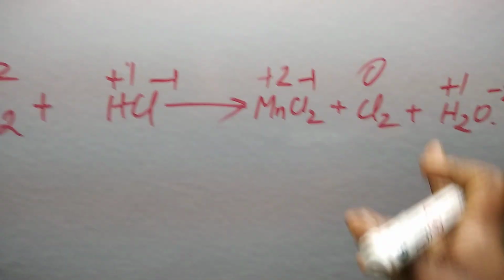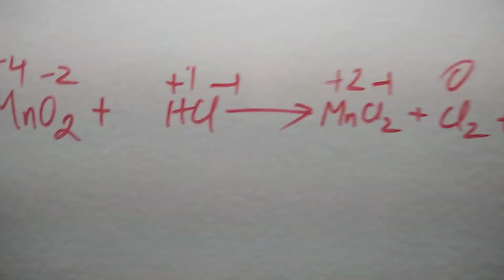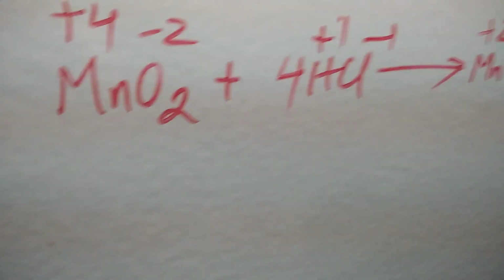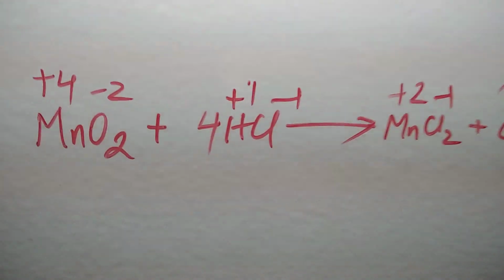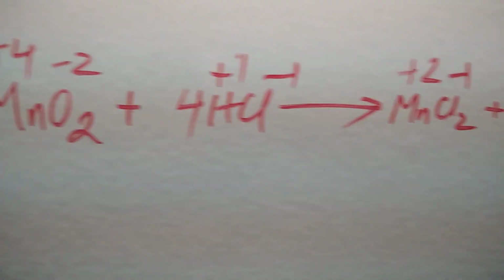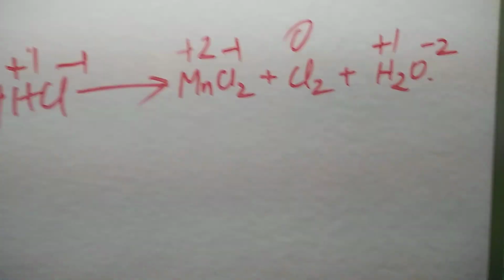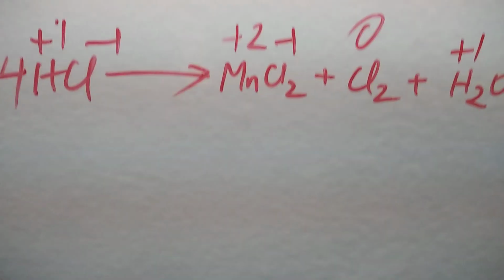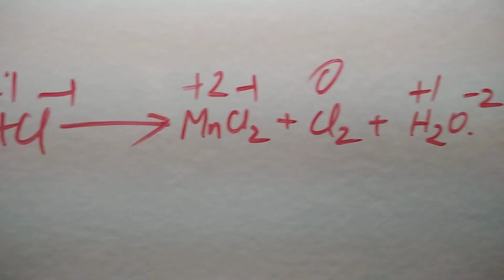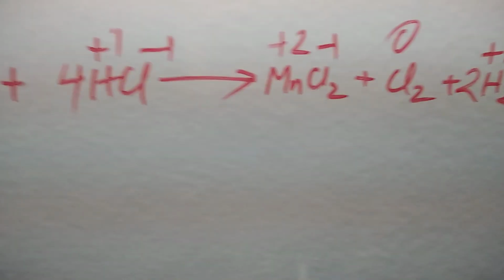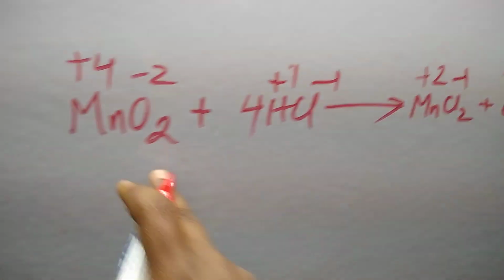Yes, minus 4, here will also be 4. But here since there are 4 HCl and 4 hydrogen present in HCl, on the product side also we need 4 hydrogen, but here only 2, so we need 2. See, balanced. 2 oxygen, 2 oxygen.